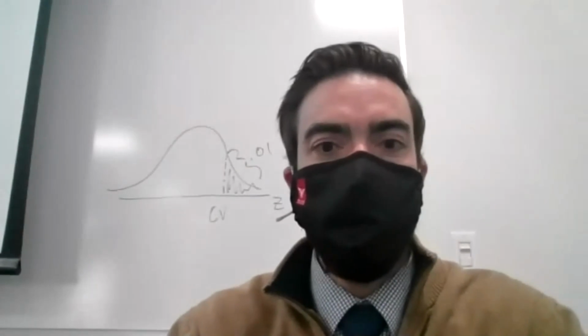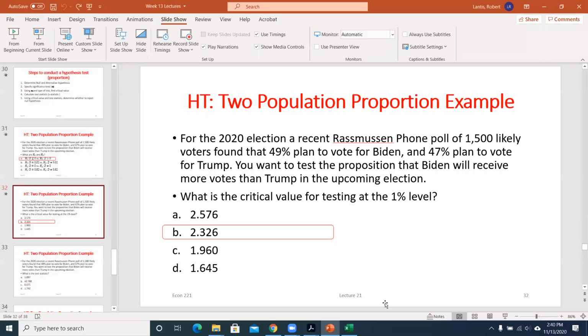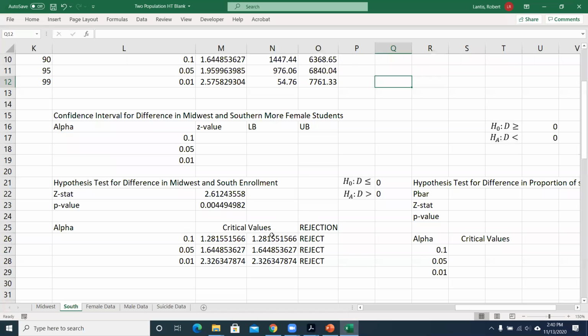One thing that's nice is we actually did that already over here in Excel. We had a right-tailed test. Yes, it was for a difference in sample means, but it doesn't matter. If you're using the standard normal distribution, anytime you look up alpha, you're going to find the same z-value.